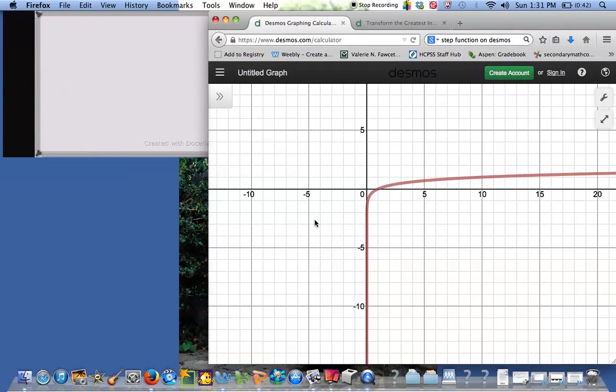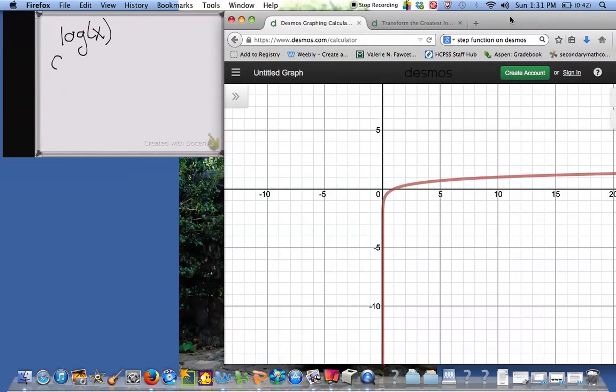But we can say that log of x is continuous on a restricted domain. So it is continuous when x is greater than 0. There are situations where the graph is continuous, just not on all real numbers, and when that comes up, you need to specify that the domain is restricted.